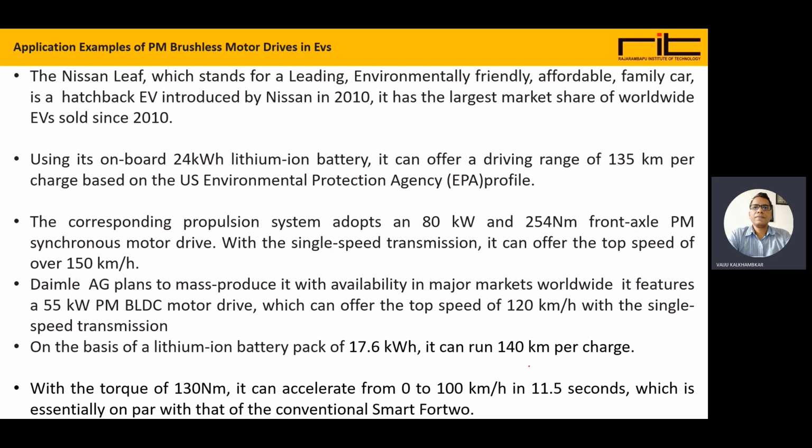With the torque of 130 Newton meter, it can accelerate from 0 to 100 km per hour in 11.5 seconds, which is essentially on par with that of the conventional smart auto.